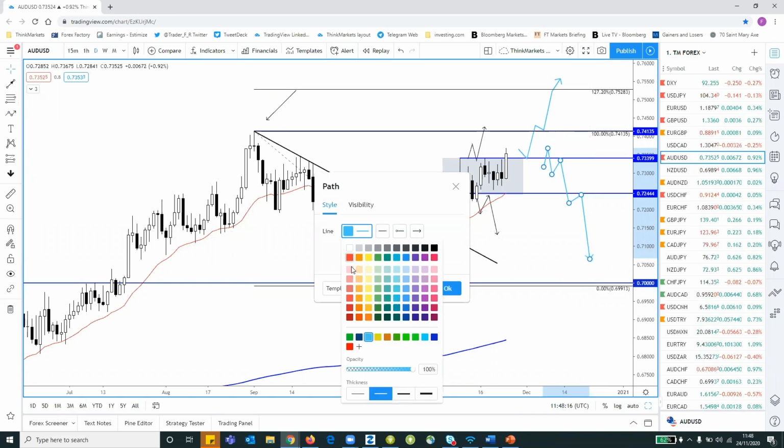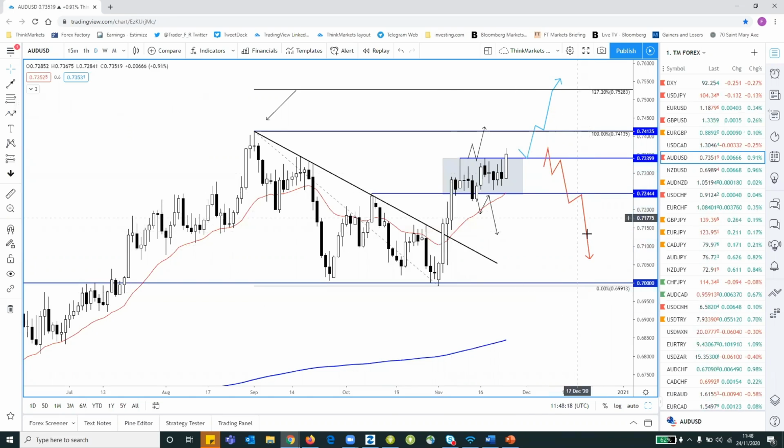So this is the alternative scenario, the bearish scenario. For this to happen, we first need to see price going back inside this range and show a bearish looking candle. And then ideally what we want to see is then a follow through to the downside to break support. And then once support is broken, then we can look for potential trading opportunities on the downside.